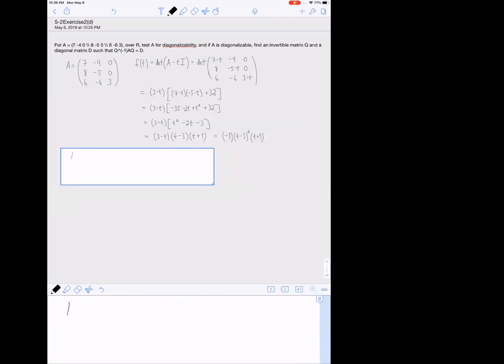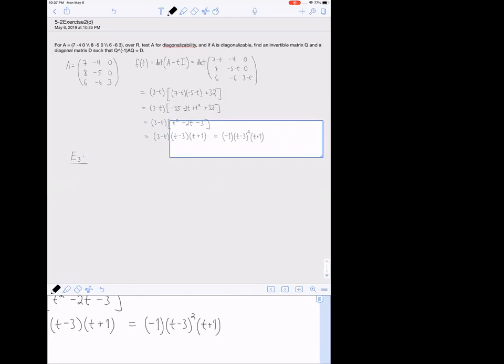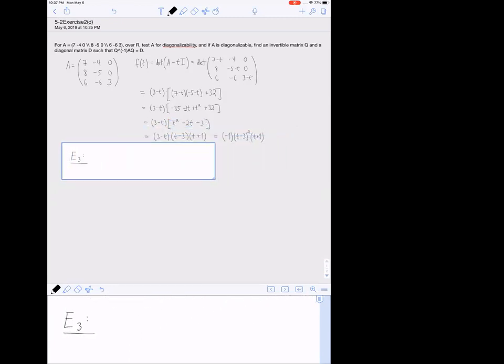Let's look at the eigenspace associated to the eigenvalue 3. It can either have dimension 1 or 2. If it has dimension 1, then 1 does not match the multiplicity 2, and A will not be diagonalizable. But if the dimension is 2, then all of the eigenspace dimensions will match the multiplicities of the associated eigenvalues, and A will be diagonalizable.